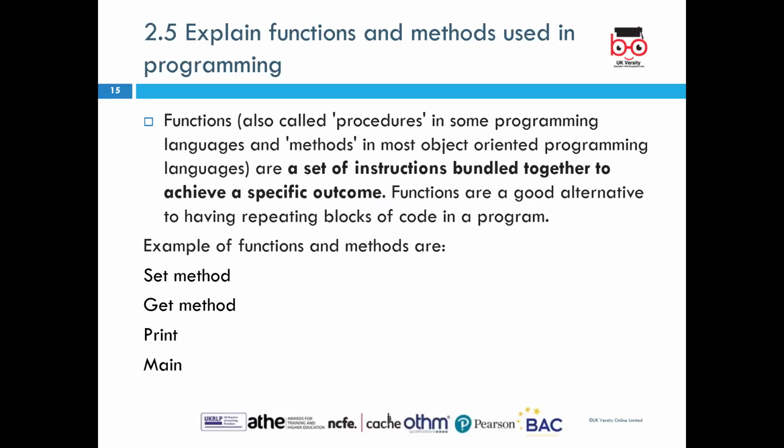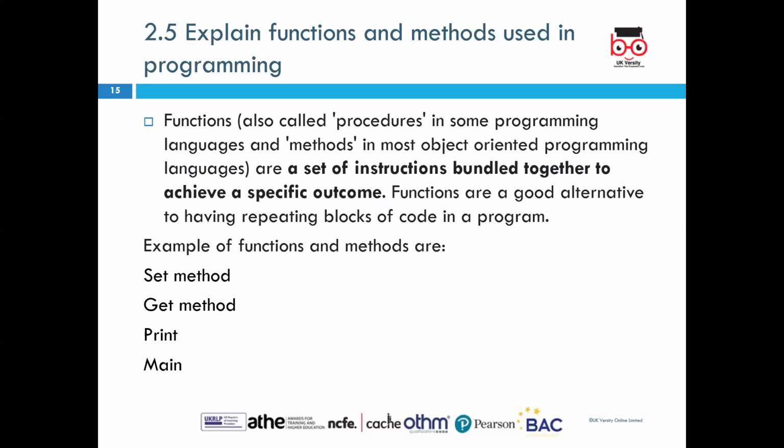Now we're going to explain functions and methods. The reason why we have functions and methods is that they allow us to create objects. An object is just a set of functions that do a specific task.